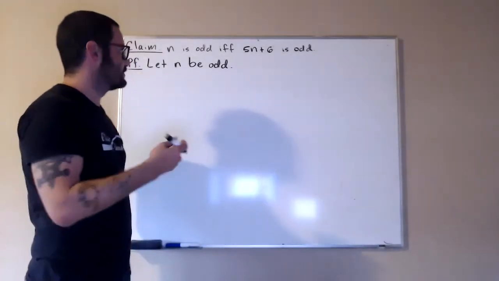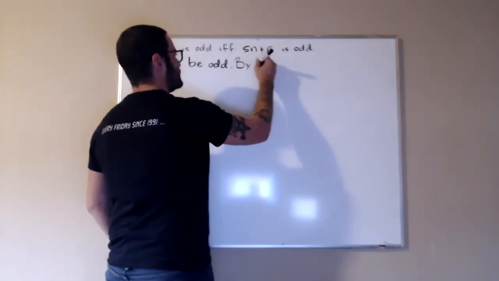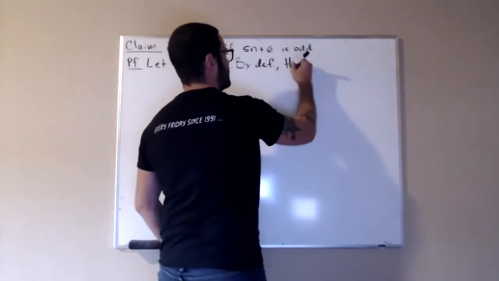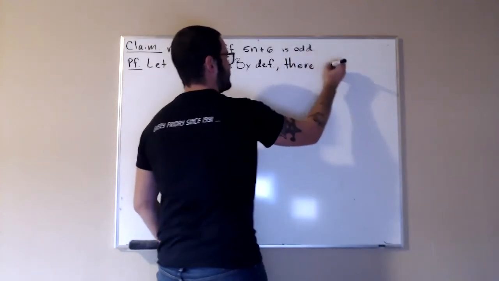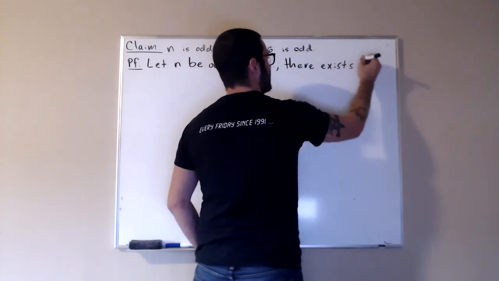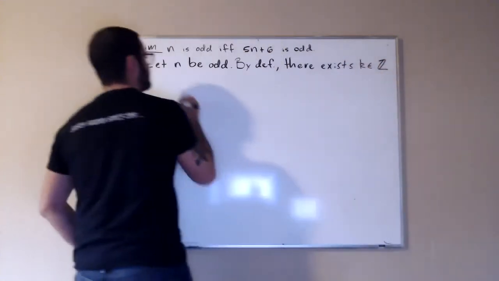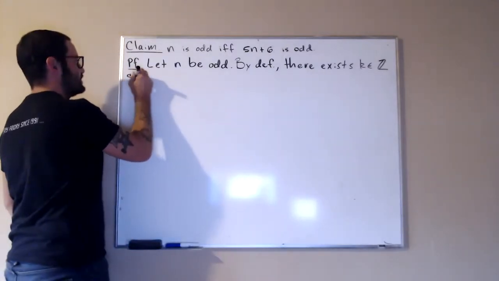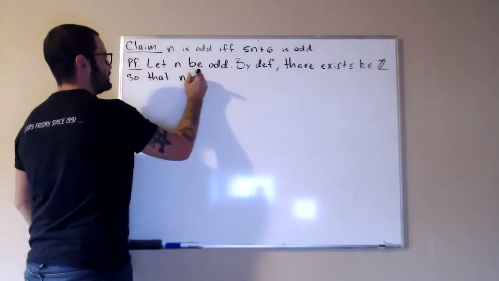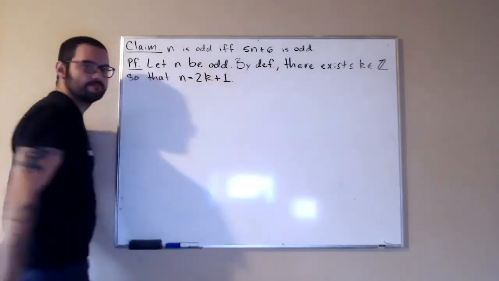As you can guess what we're going to do next, by definition, there exists an integer k so that n is equal to 2 times k plus 1.